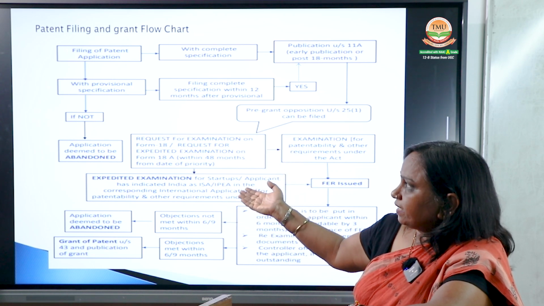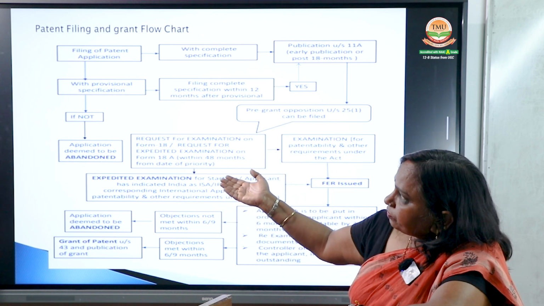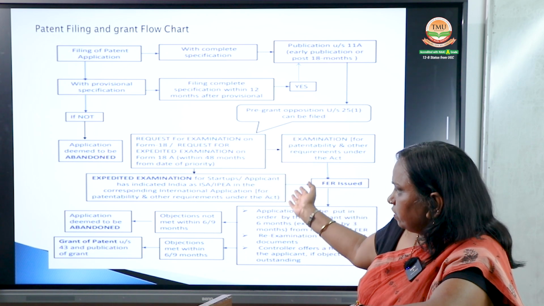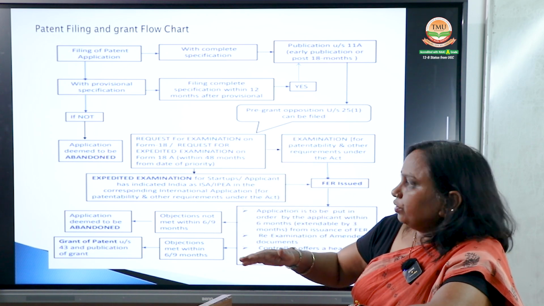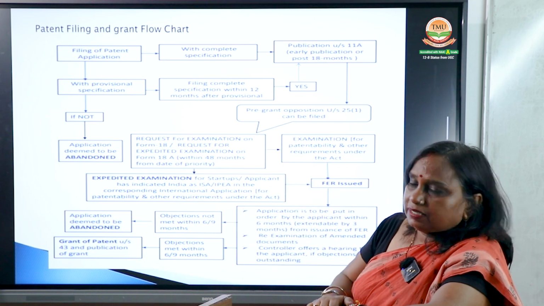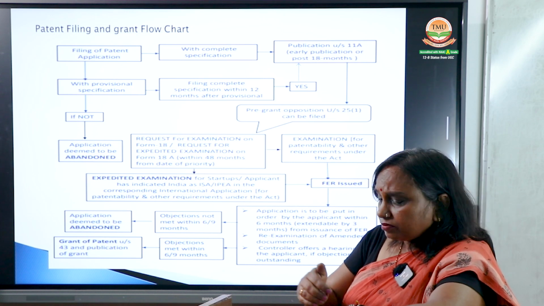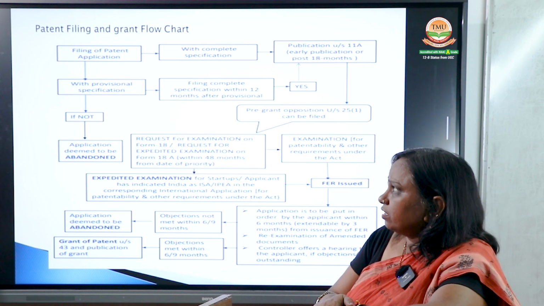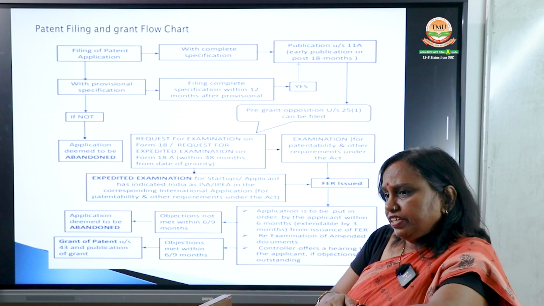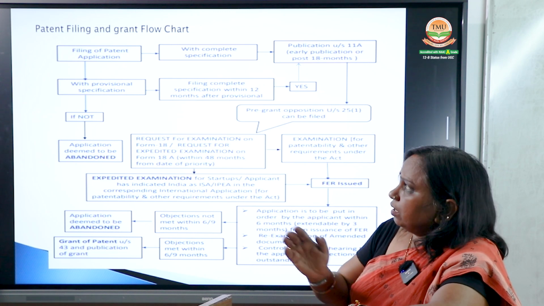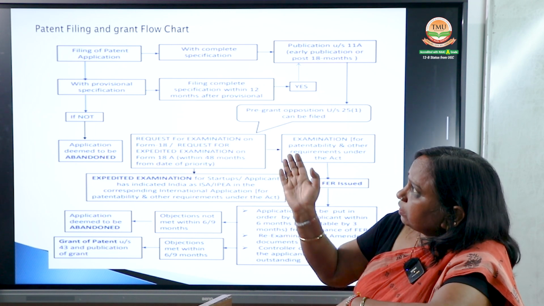And so friends, here we have seen if things are going smoothly, but a situation may arise that at the time of filing of the application, the inventor is not ready with the specification.